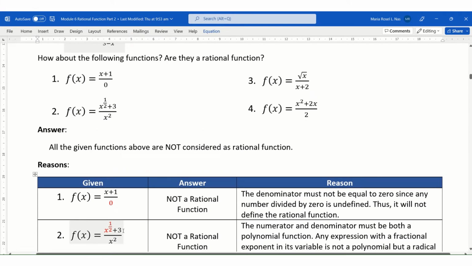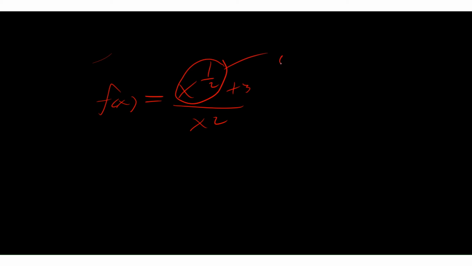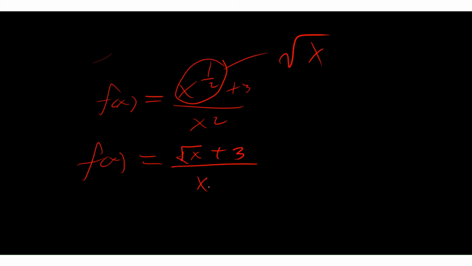So for number 2, meron tayo ditong x raised to 1 half. Ito yung given natin: x raised to 1 half plus 3 over x squared. This term is the same as square root of x. So, therefore, yung nasa numerator natin is not a polynomial function.